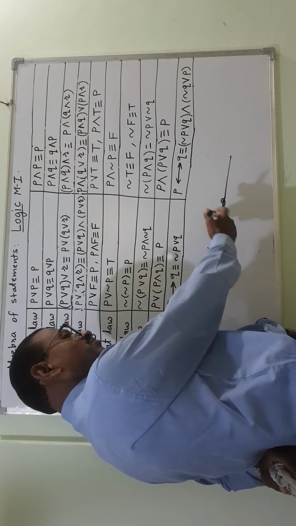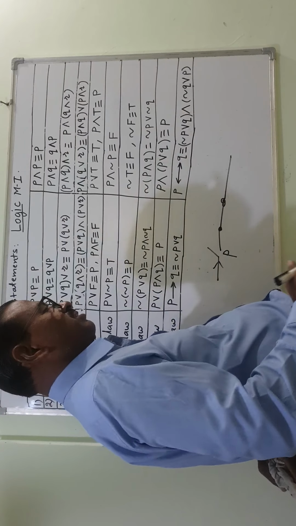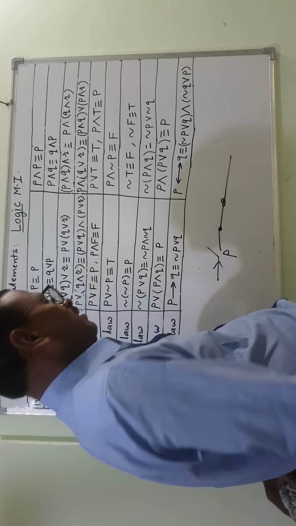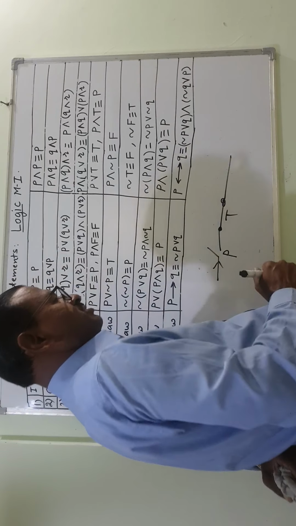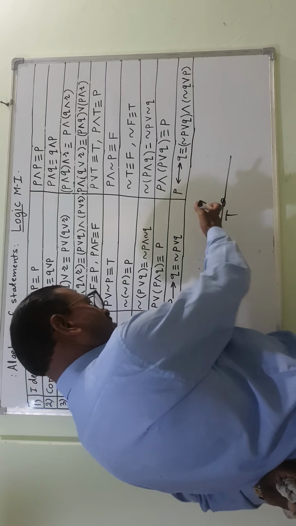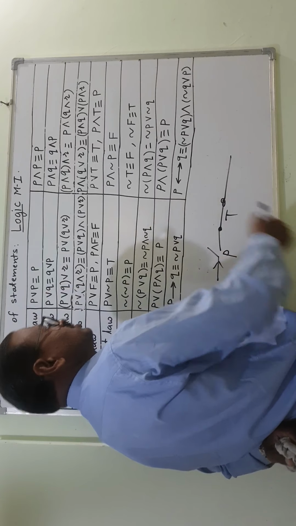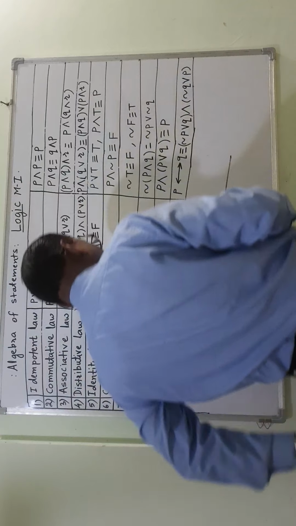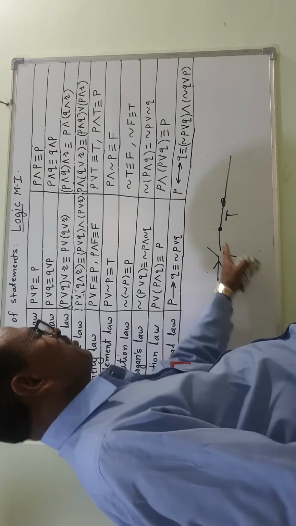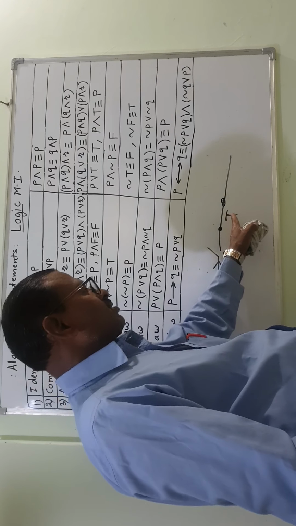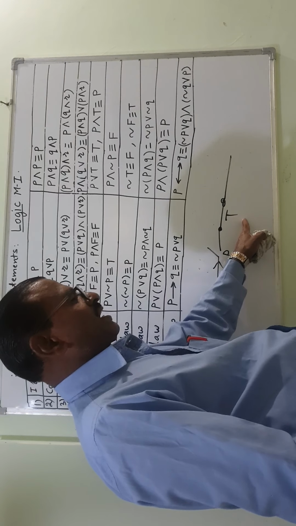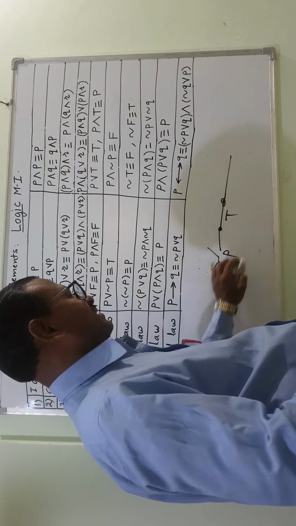True switch means the wire is not cut, there is no switch at all. That is the meaning of it. This is the true switch always. Always it is closed. So why have you put this switch? What is the use of it? That means it is nothing but P. So this is P. So this P is going to decide whether the current will come or not. That means fitting this switch in the circuit is an unnecessary expense.